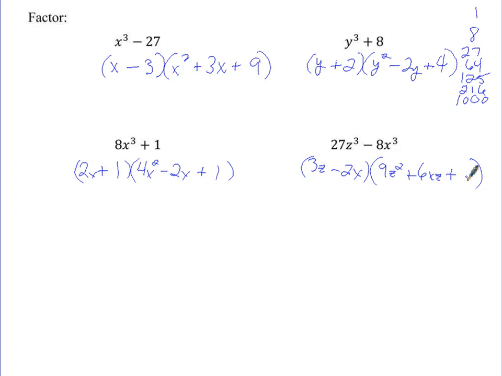And the last one? x squared. The whole thing gets squared. So the 2 turns into a 4, the x turns into an x squared. And that's how you factor sums and differences of cubes. Patterns.